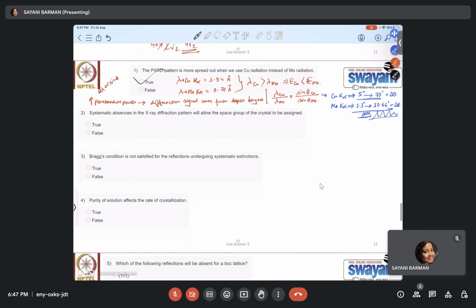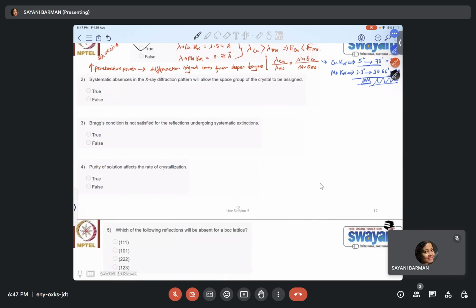Now the next one: systematic absences in the X-ray diffraction pattern will allow the space group of the crystal to be assigned. Yes, there is no problem in it. Now, Bragg's condition is not satisfied for the reflections undergoing systematic extinctions or absences. But Bragg's condition is a basic principle for any diffraction, right?